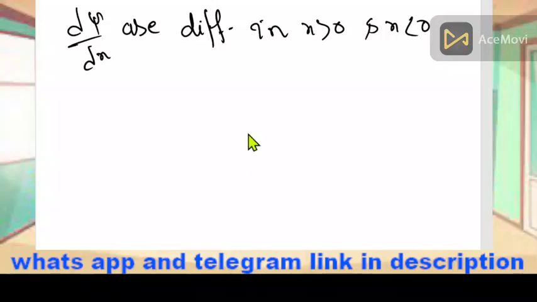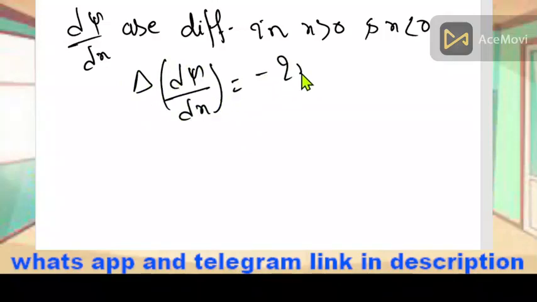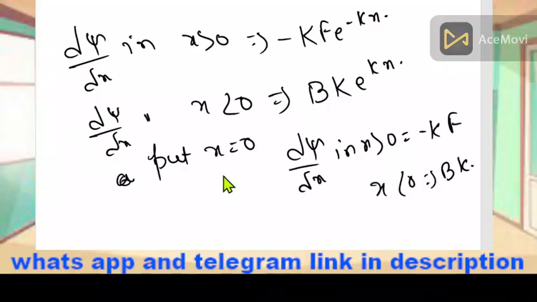Now what we observed is that the change in the derivative is equal to minus 2m alpha by h bar square. Using this we can find out the value of k. How can we do that? We have seen in the last lecture that f is equal to b.